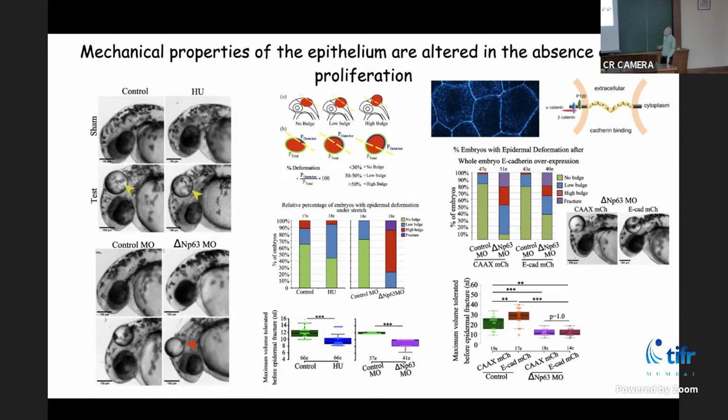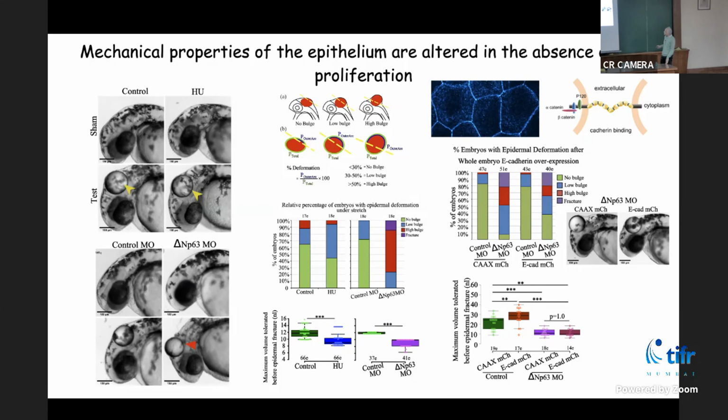You see that here this oil is projecting out as an oil bubble, indicating that the overlying epidermis is deformed here, while it's not happening in this particular situation. On the other hand, if you do the fracture assay, it doesn't matter whether you inhibit proliferation by using hydroxyurea or NP63, the epidermis fractures much more readily here.